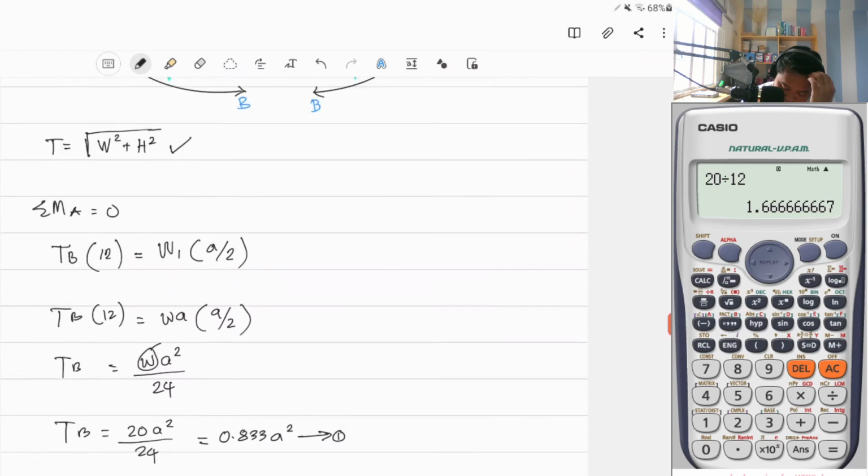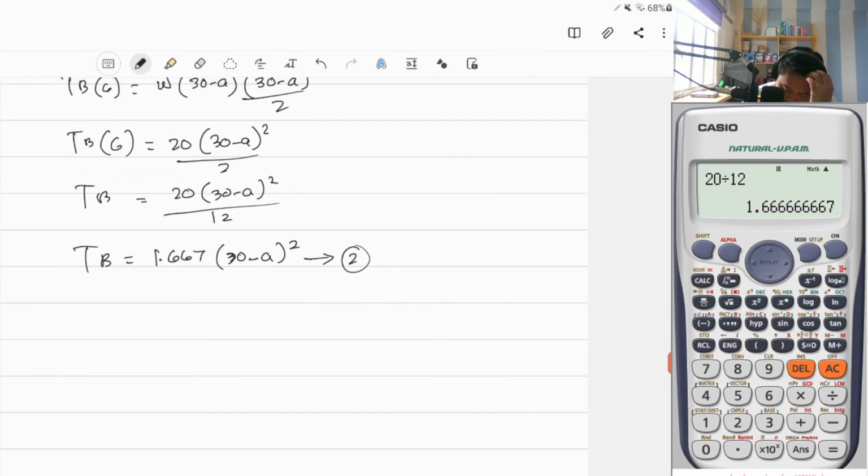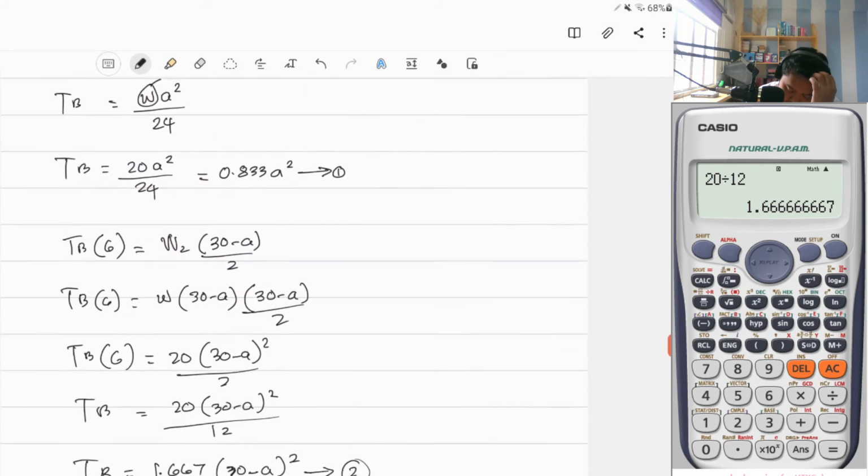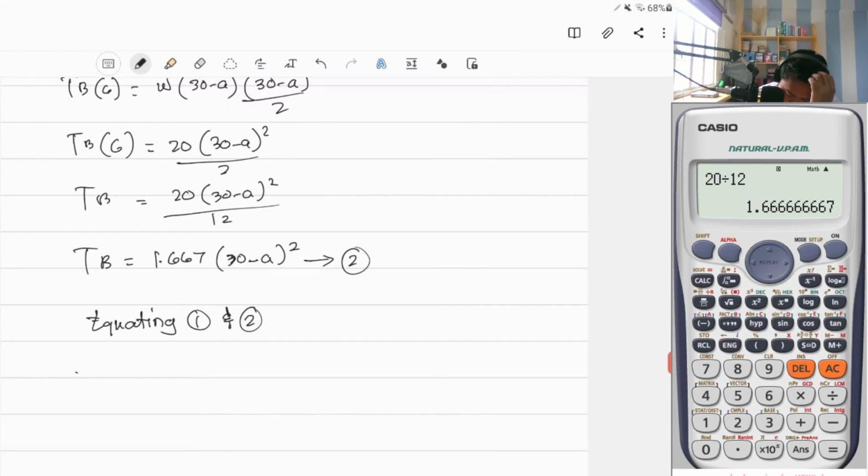Okay? So equating equation 1 and 2. So what is our equation 1? Again, this is 0.833 A squared equals 1.667 (30 minus A) squared.